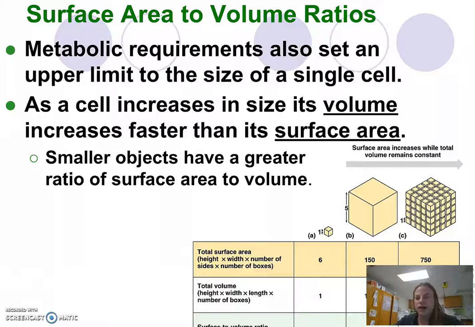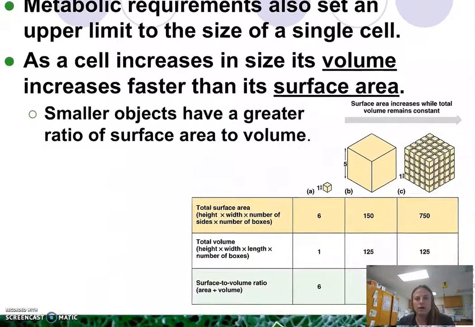is going to divide. So obviously prokaryotes need to divide in order to reproduce and maintain the species, but a prokaryote is also going to divide in order to maintain its surface area to volume ratio. So as a cell increases in its size, the volume of that cell increases faster than its surface area. And we don't want that.